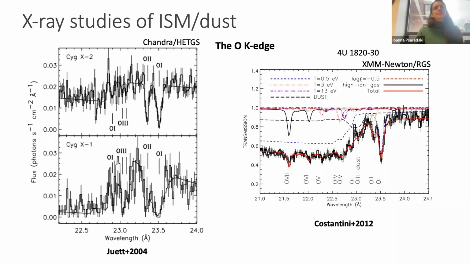Basically, the oxygen K edge has been studied by both Chandra and XMM-Newton. Here you can see some studies where only gas phase oxygen has been assumed, while here you see a study where dust absorption has also been included, with XMM-Newton data.